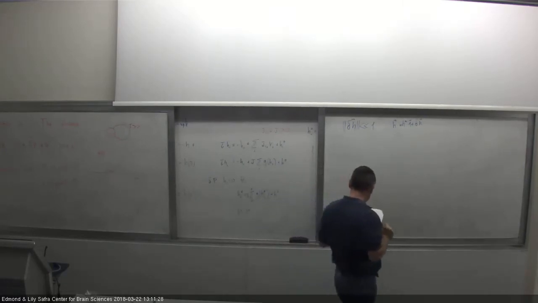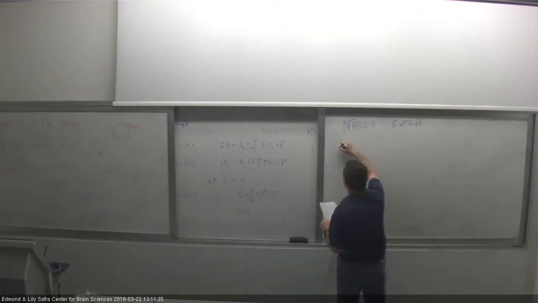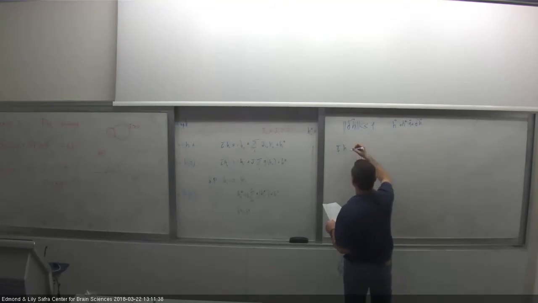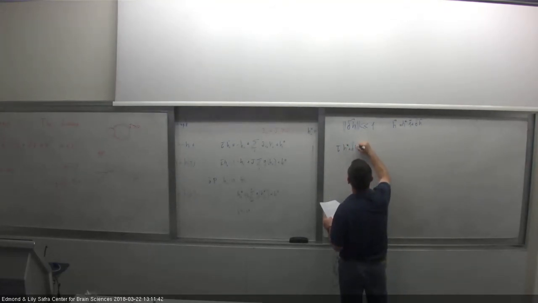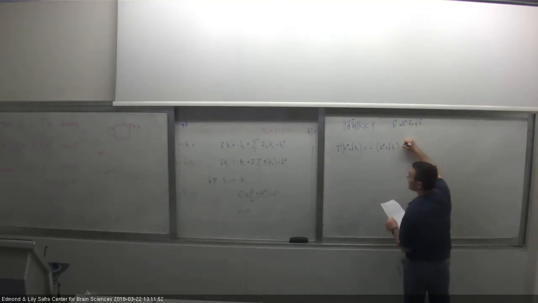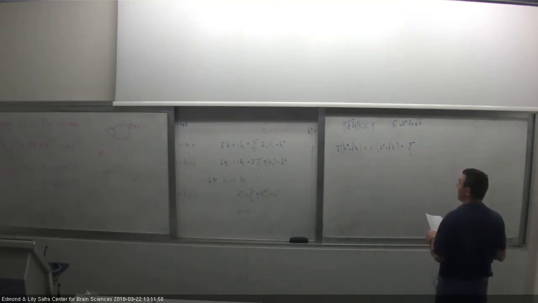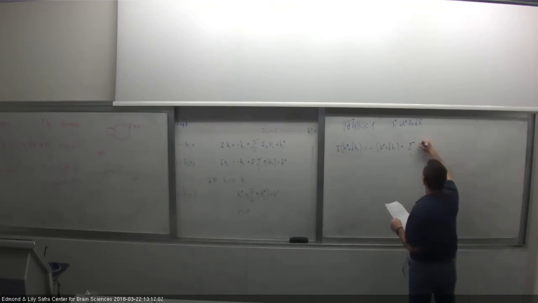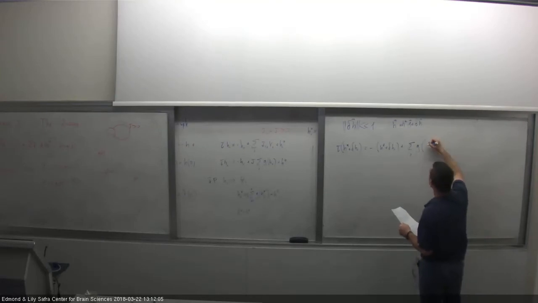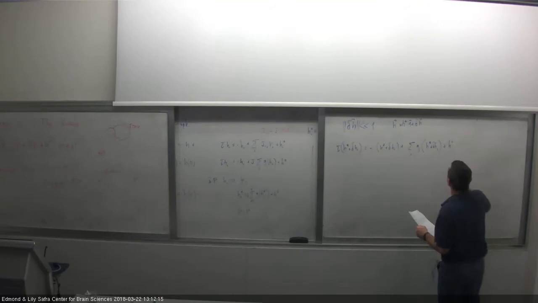So tau times the derivative of H star plus delta Hi is equal to minus H star plus delta Hi plus sum over j of G of H star plus delta Hj plus external input.